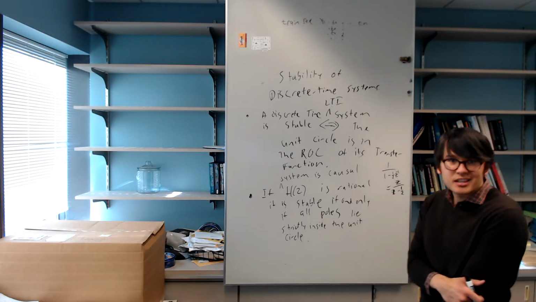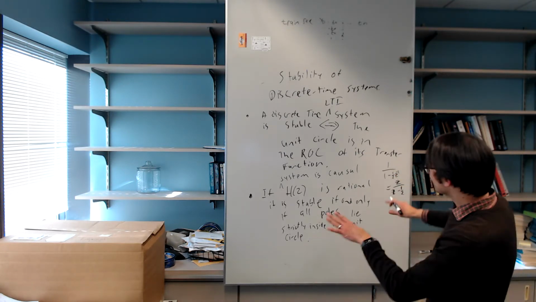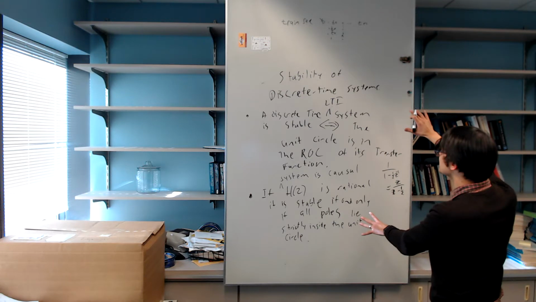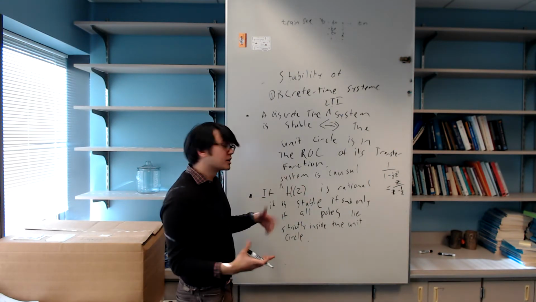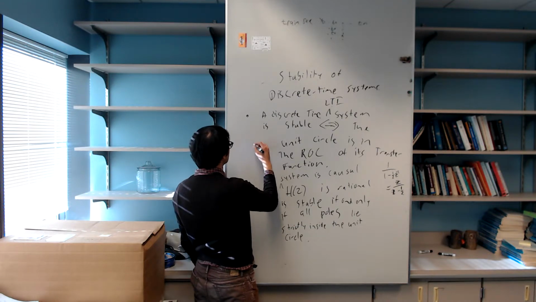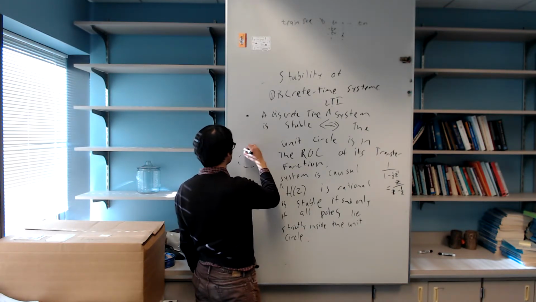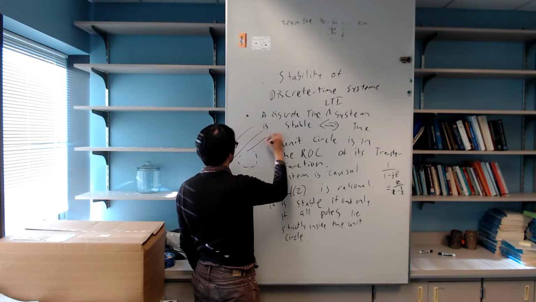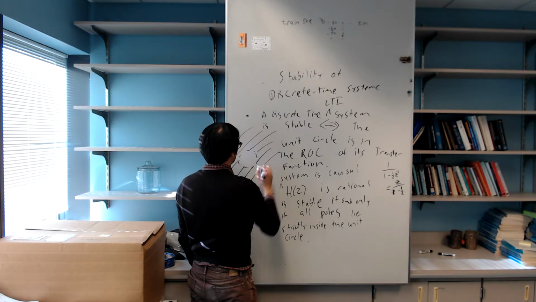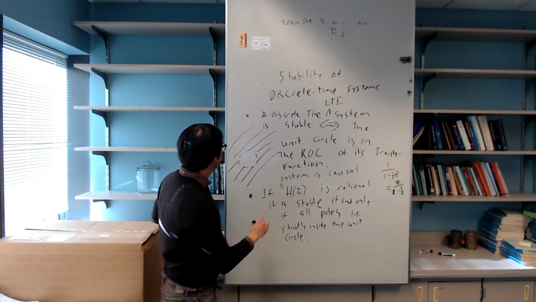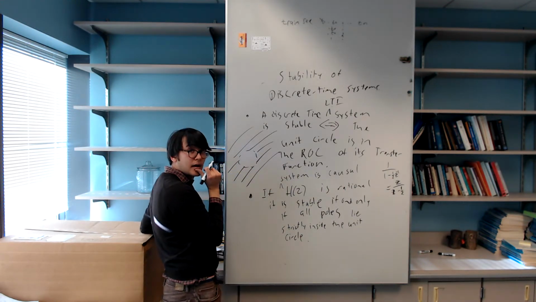And the basic thing just comes from the fact that the relationship between these two is fairly simple, right? If we have a causal system, its region of convergence always looks something like this, for some radius r.